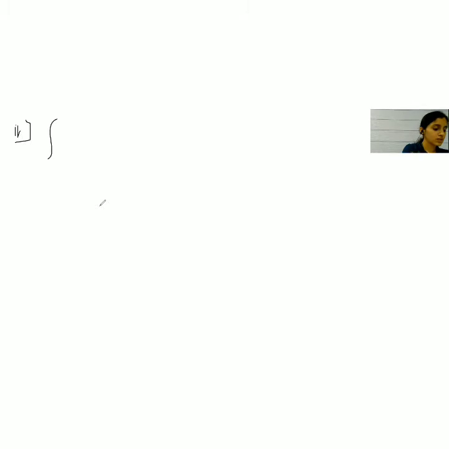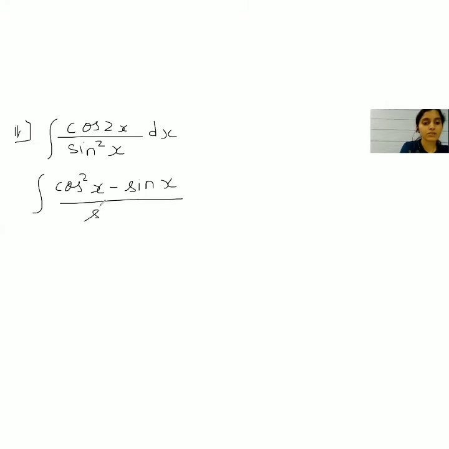The fourth says integration of cos 2x divided by sine square x dx. What can we use over here? First let us use the formula for cos 2x. I know cos 2x as cos square x minus sine square x, upon sine square x, dx. I can separate the sine square x to each of the terms.